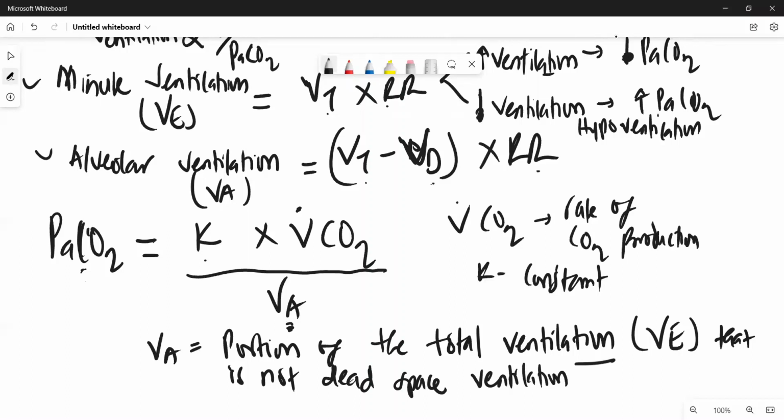So out of that total ventilation, the portion of it that is not dead space is going to be our alveolar ventilation.